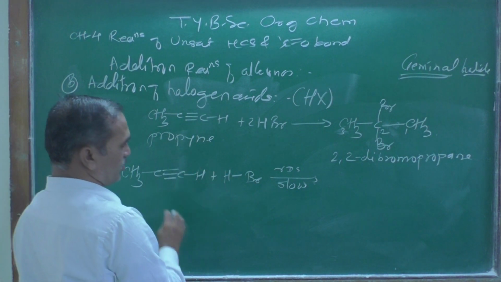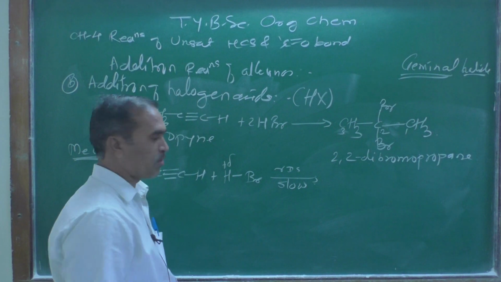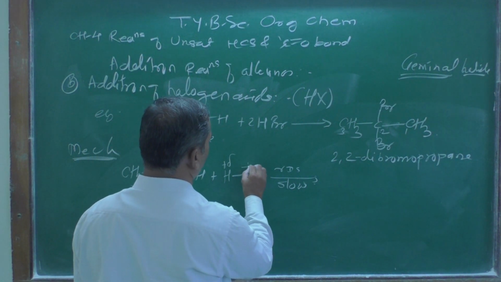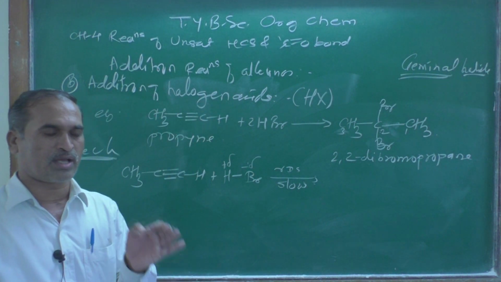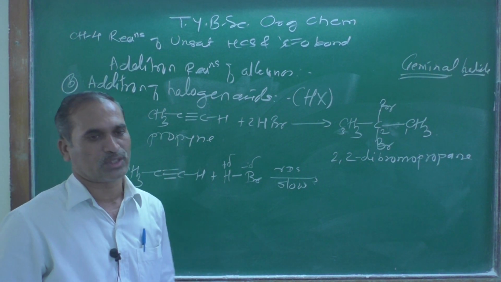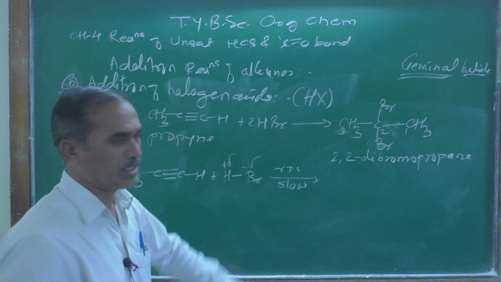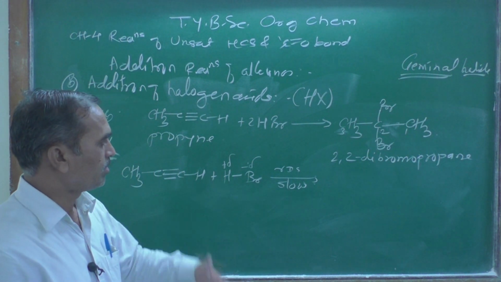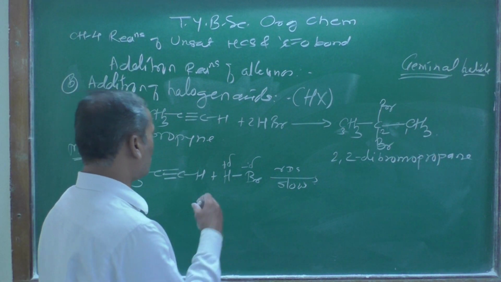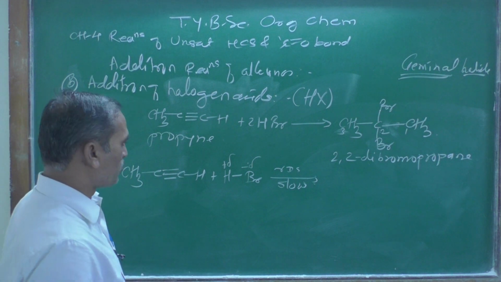As we know that in HBr, the hydrogen atom gets partial positive charge and the bromine atom gets partial negative charge, because halides have a tendency to attract the electrons toward themselves, and therefore they always get a minus delta charge when they form a bond with the hydrogen atom.